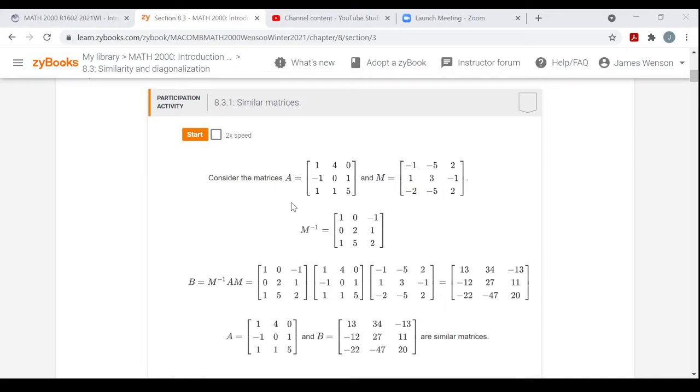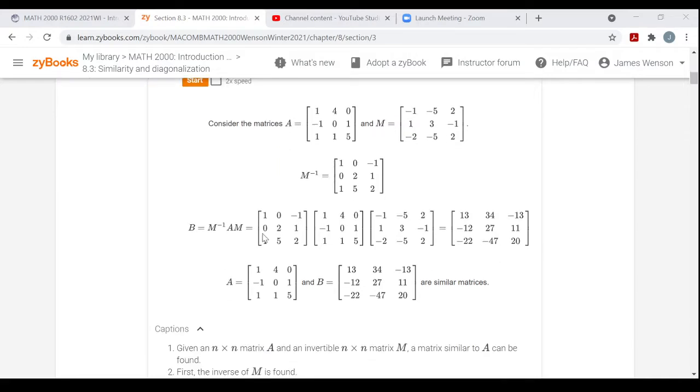Now if you were to take M inverse times A times M, you'll get another matrix that's said to be similar to A. So they've done that here. They've taken M inverse times A times M and gotten this new matrix, which we're calling B. This new matrix is said to be similar to the matrix A. So matrix A and matrix B are similar.